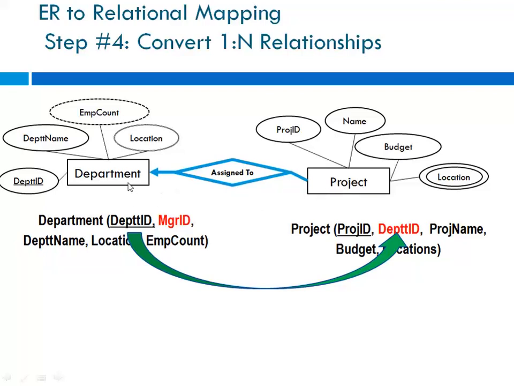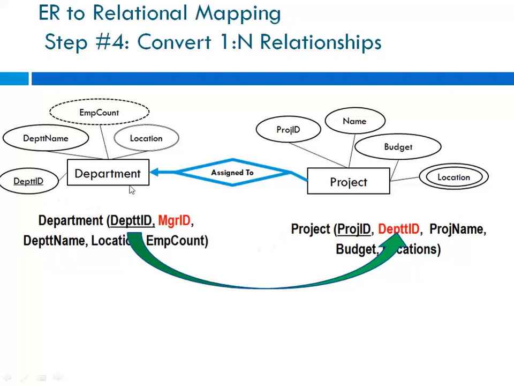One side is the department and the n side is the project. Now here you can see that this relationship does not have any relationship attributes, so you don't have to add anything in the n side table. So you can see that the project table has no new attribute added because the relationship set does not have any attributes.